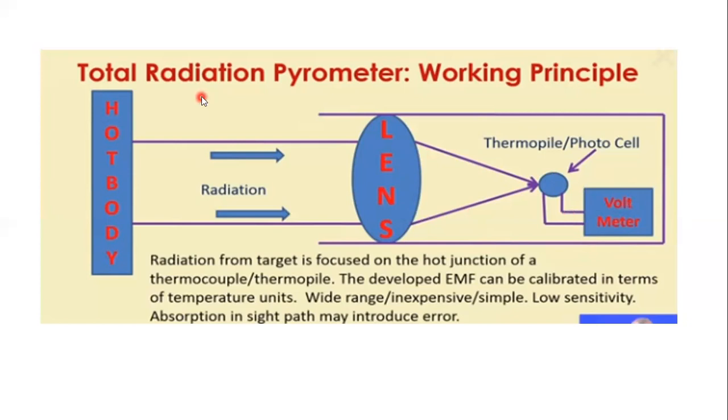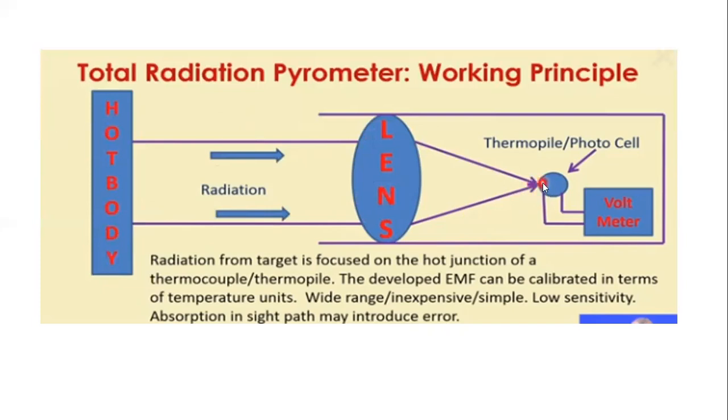So this is a total radiation pyrometer. It consists of a blackened tube with a lens arrangement, and a hot body whose temperature is to be measured is placed here. The radiation coming from that hot body is collected into this blackened tube, and the lens will focus the total radiation onto a thermocouple.